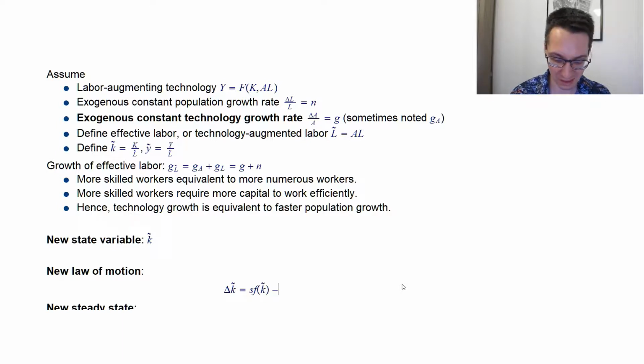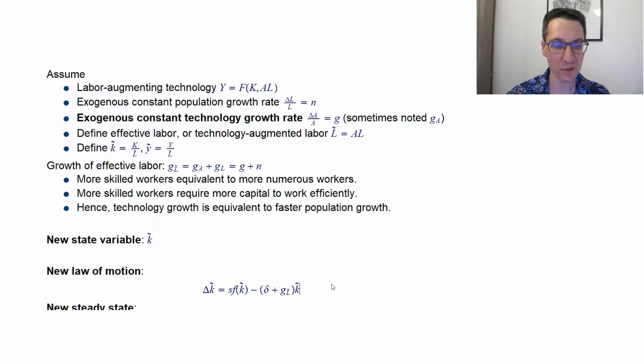It was depreciation delta plus n times k. But now we have the growth rate of efficient worker, so g of L tilde, multiplied by capital per efficient worker.